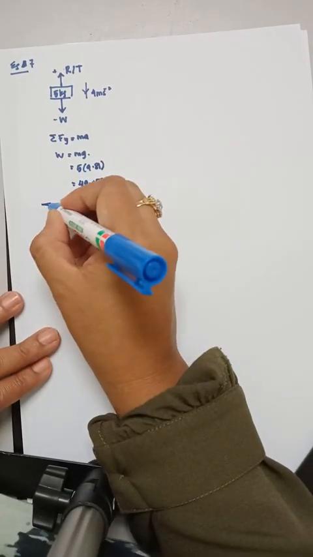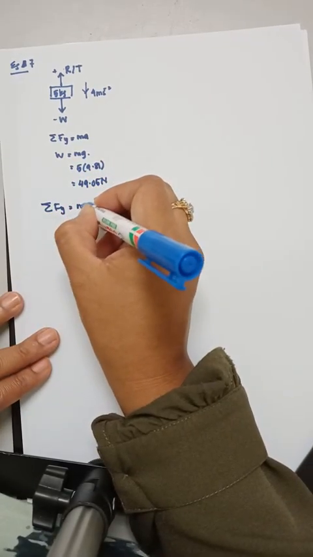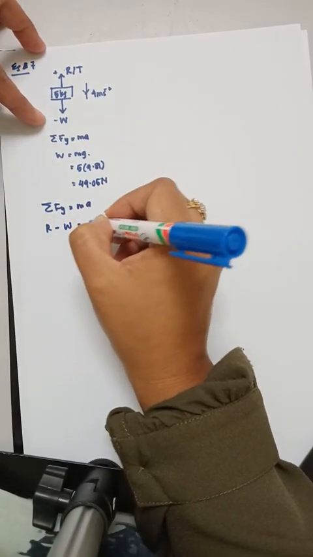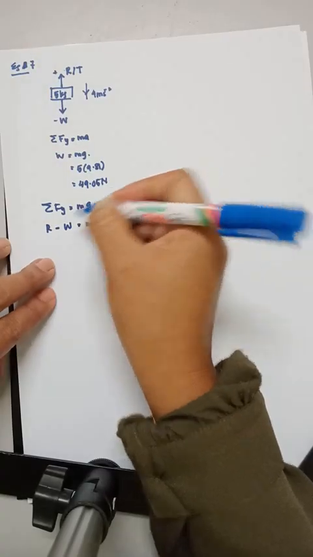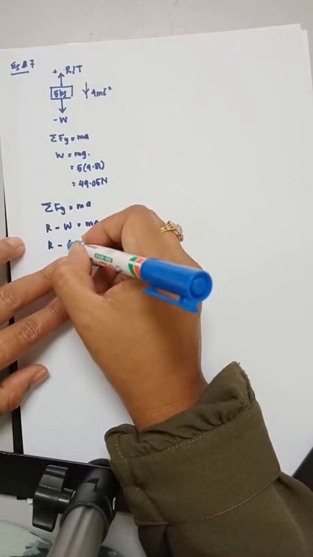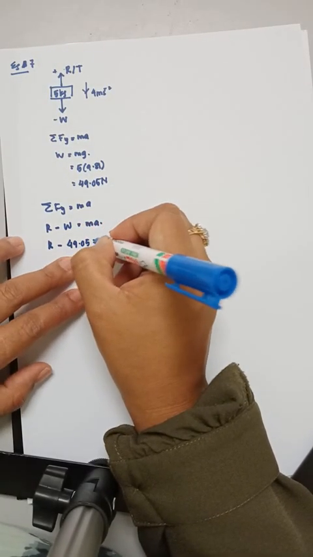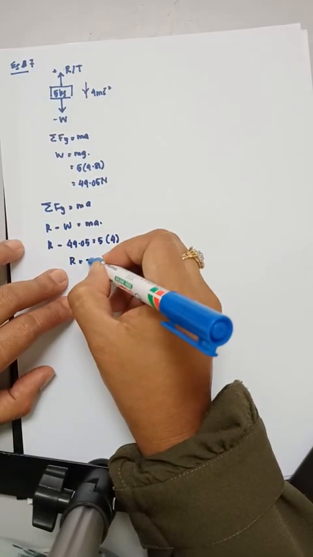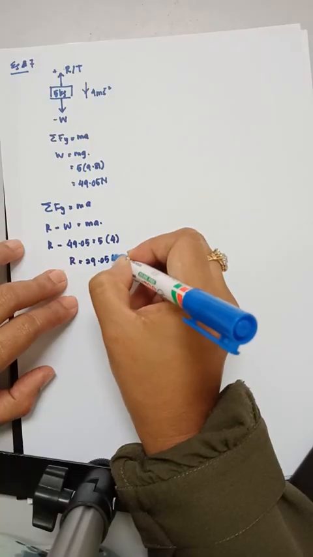So since kita ada the sum of Fy will be MA, means R minus W will be MA. So R kita nak cari, W 49.05, M is 5, A is 4. So therefore R is 29.05 Newton.